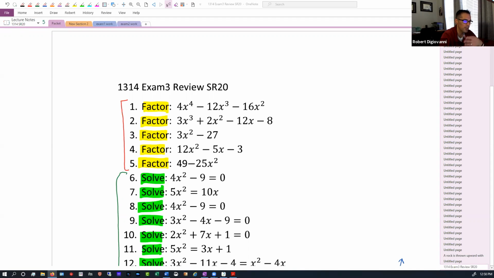So if you have 4, you do grouping, 3 AC method, and then 2 is the difference of squares. You've got to know all that. Other than that, I'll give you the quadratic formula, and I'll give you the set of steps for sketching a quadratic. Is that clear? Yep. Yeah.